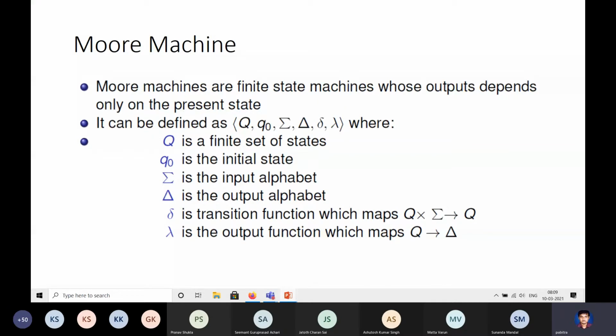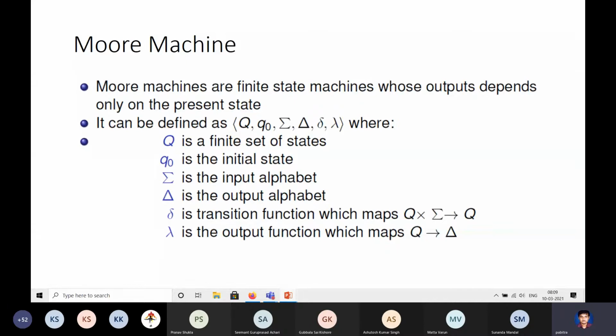Okay, so let us start with the definition of Moore machine. It is another representation of a finite state machine with a slightly simpler setting. The simplicity is that the output depends only on the present state. It doesn't depend on the current input.